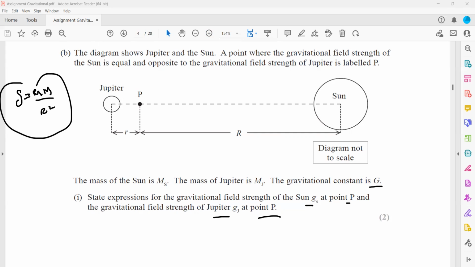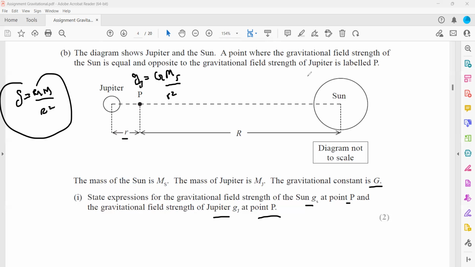So if we talk about Jupiter, if we want to find the strength of gravity of Jupiter at this point, g with subscript J, it is capital G, the mass of Jupiter, divided by this distance r, so r squared. And as I mentioned, we always take the distance.